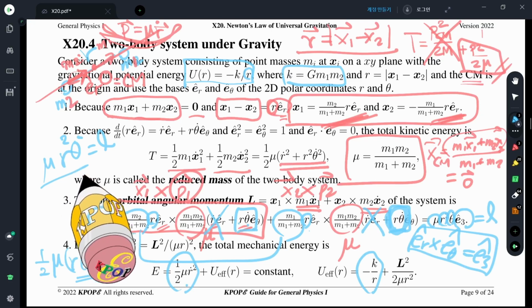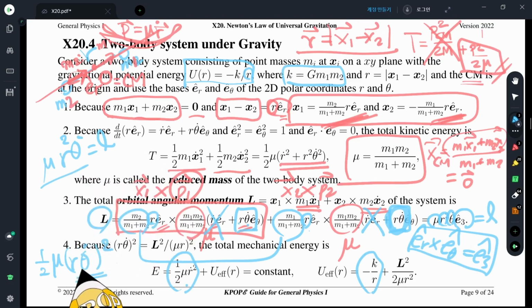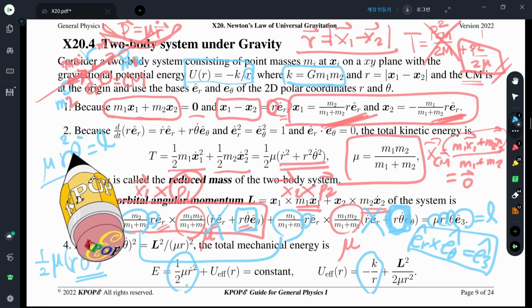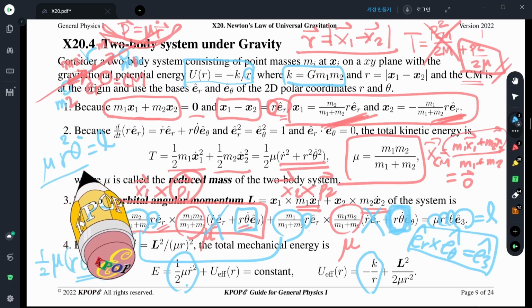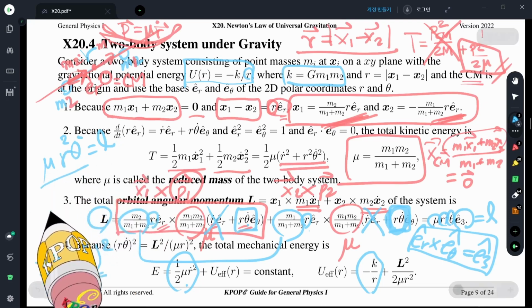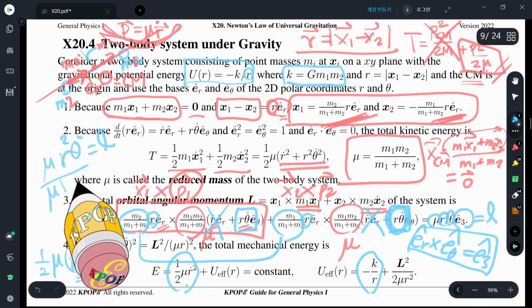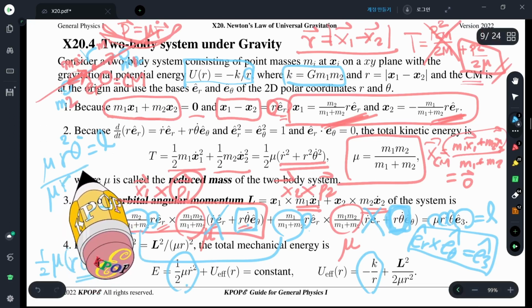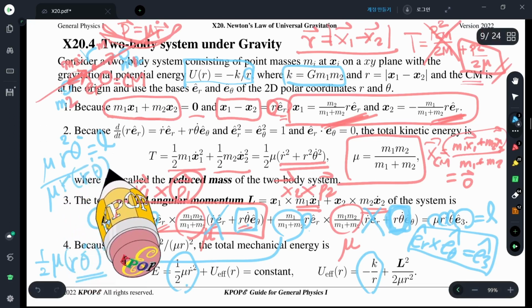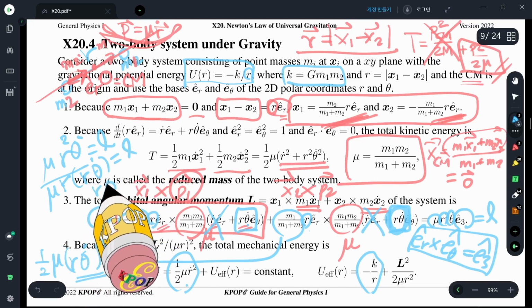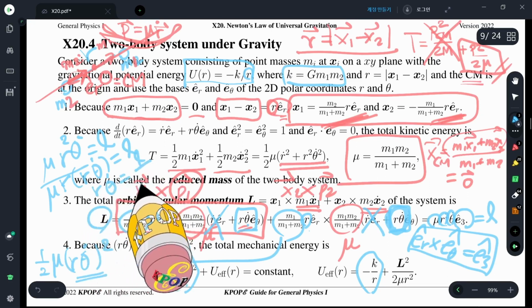Then I can replace r squared theta dot with L. So why don't we square this one? mu r theta dot equals L over r, so r theta dot equals L over mu r.